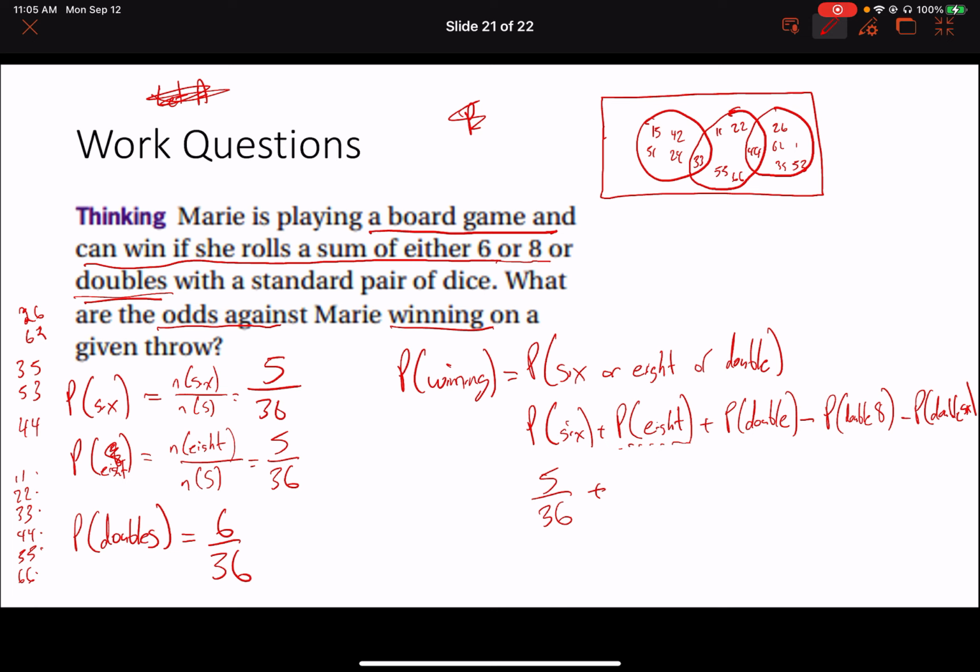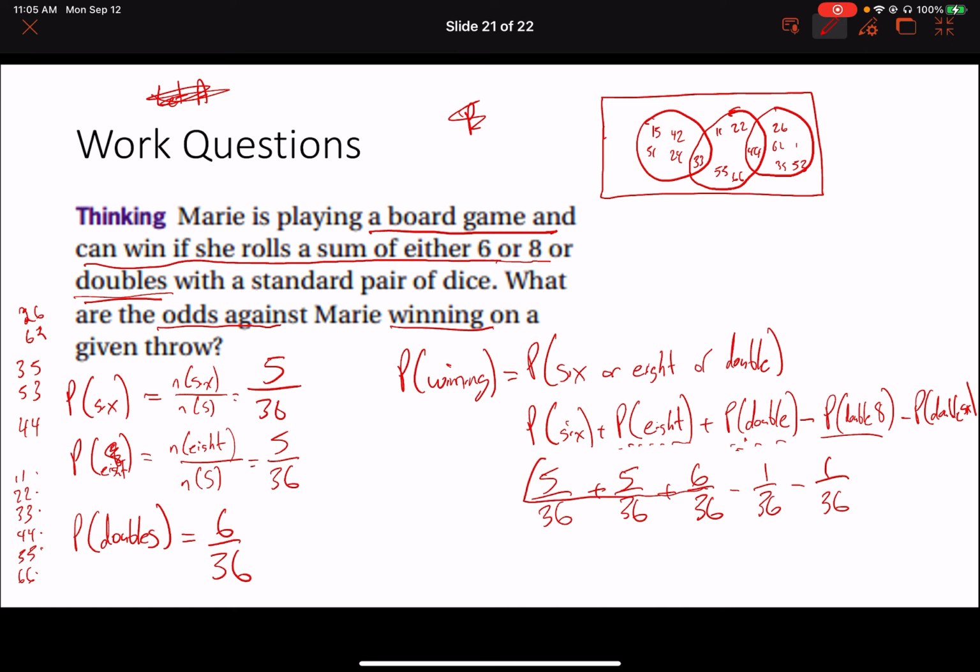Well, that's 5 over 36. What's the probability that it's double? Well, that was 6 over 36. And of course, there's a 1 out of 36 chance that it's a double and an 8. And there's a 1 out of 36 chance that it's a double and a 6, which is essentially 2 out of 36.